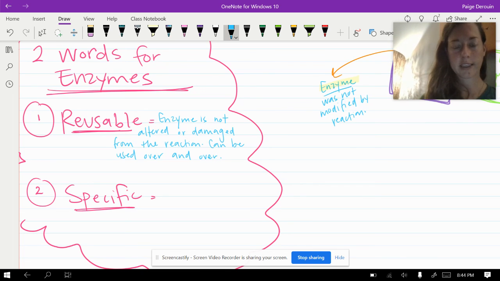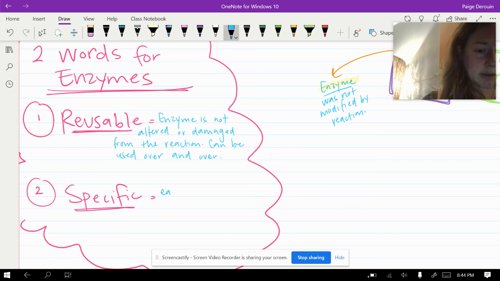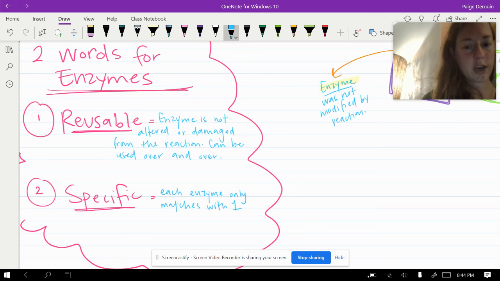Specific means that the enzyme will only fit with one substrate. So each enzyme only matches with one specific substrate.